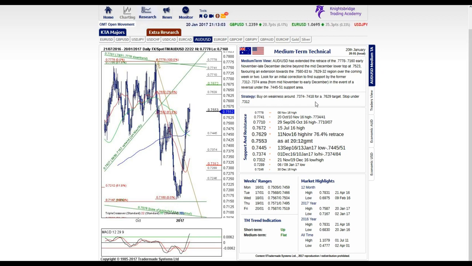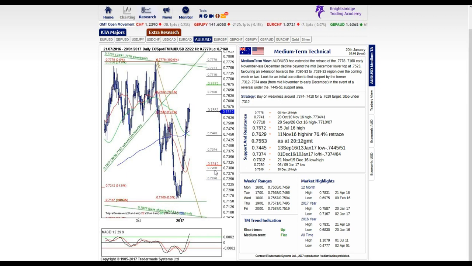So if we choose to buy at spot 0.7374 and have a target of 0.7629, that gives us a reward of around 255 pips. Now, the recommendation here is a stop under the spot 0.7312. So in this case, I'm just going to choose the next support level that lies below it, which is 0.7289.